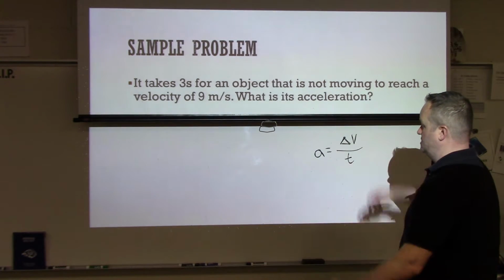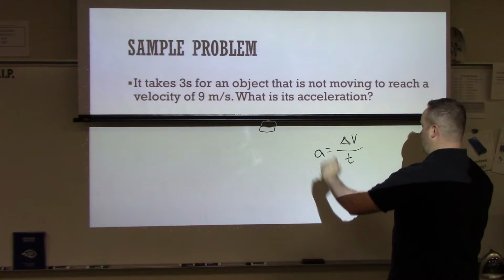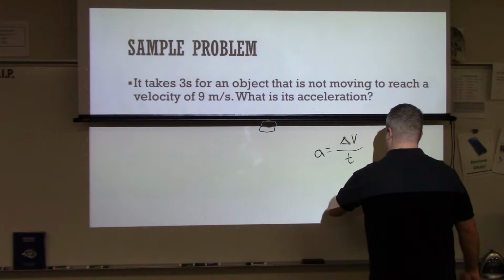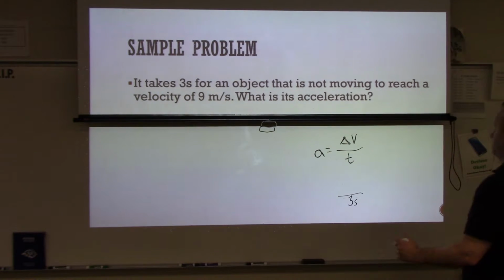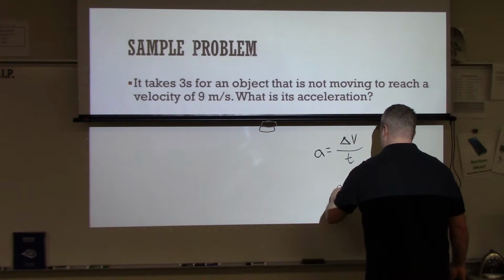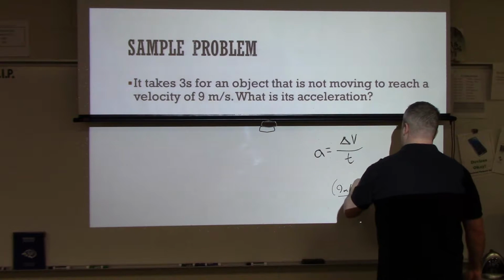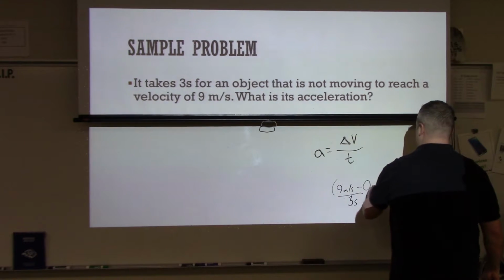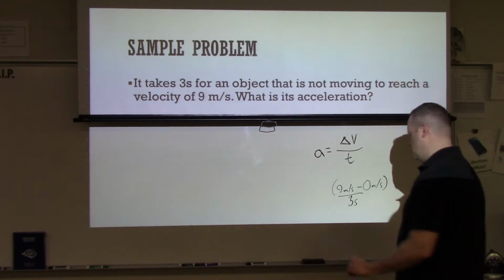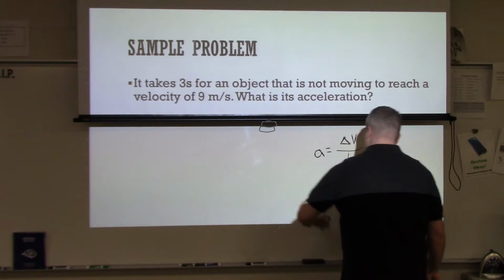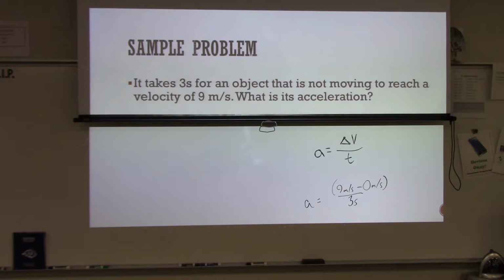So look at my information that I have here. I see that I have 3 seconds for my time. I see that my object had a final velocity of 9 meters per second, and it had a starting velocity of 0 meters per second. So remember that I said that 0 is a velocity, and so if I complete that and simplify that equation, I'll have my acceleration.